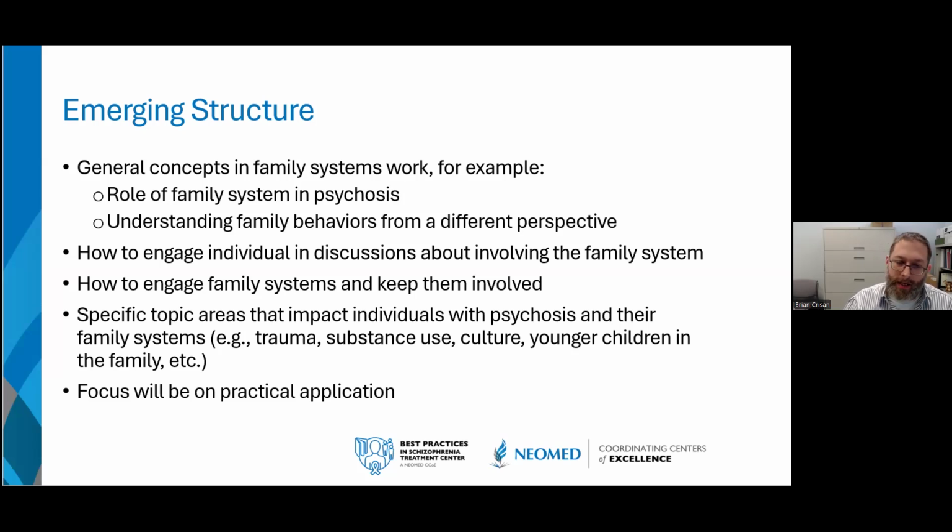There's no right or wrong way to do it. It's just that you have to understand what that person wants and how they're willing to integrate their family members. And then once you do get agreement to involve family members, we also have to think about how we engage those family members in the process. Different people, different agendas, different opinions and points of view. So you just have to be attuned to the fact that you're including multiple people.